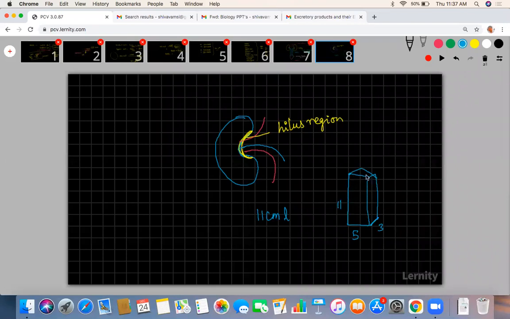So the kidney size, if you're going to talk about, it will be like this. So this side will be 3 centimeter. This width is basically 5 centimeter, and this length is basically 11 centimeter.